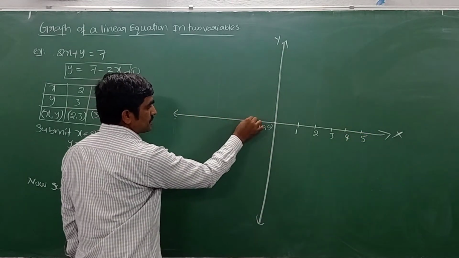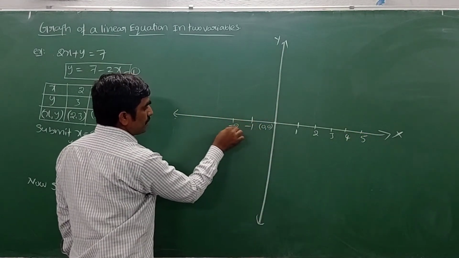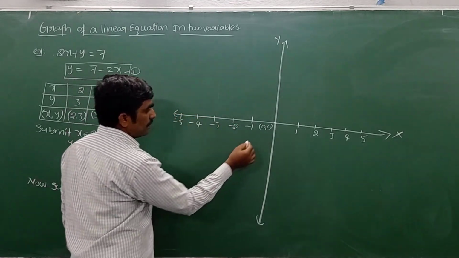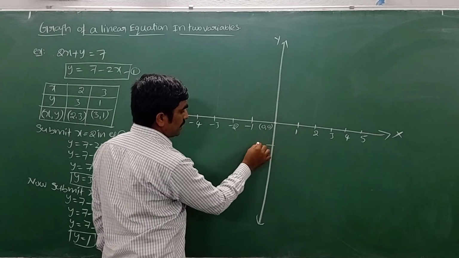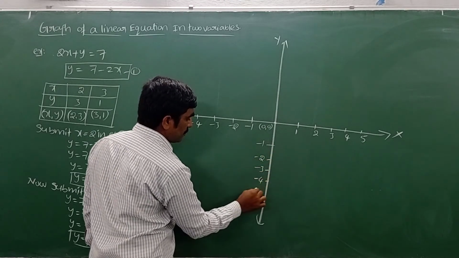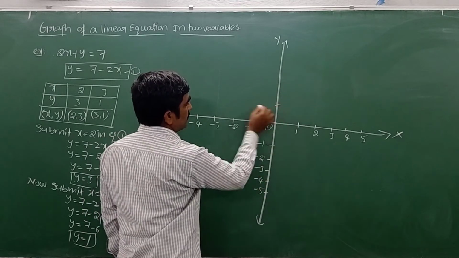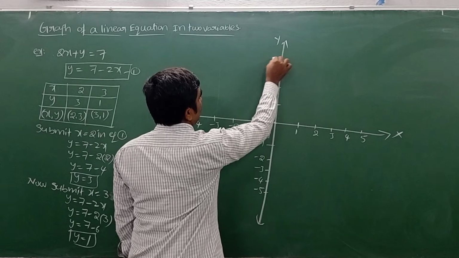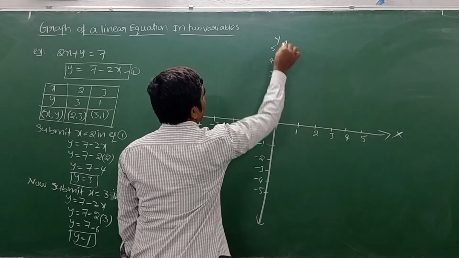The left side takes negative values -1, -2, -3, -4, -5. The bottom of the y-axis takes negative values -1 to -5, and the top of the y-axis takes positive values 1, 2, 3, 4, 5.